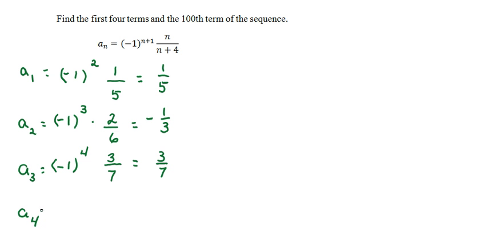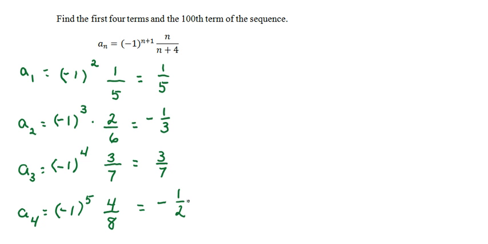And a sub 4 will be negative 1 to the 4 plus 1, which is 5, times 4 over 4 plus 4, which is 8. So this is going to be a negative term, and it's going to be negative 1/2 when the 4/8 is reduced.